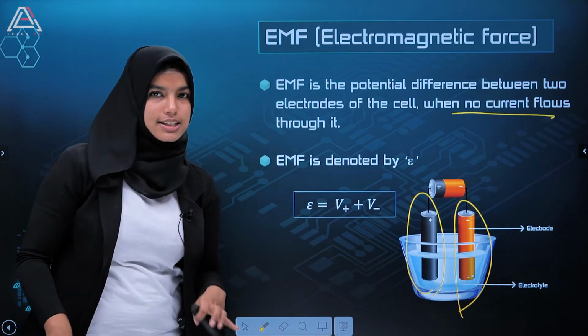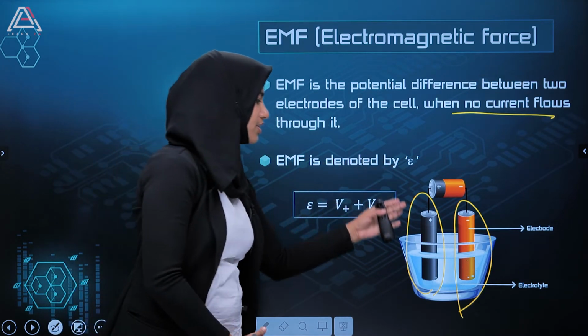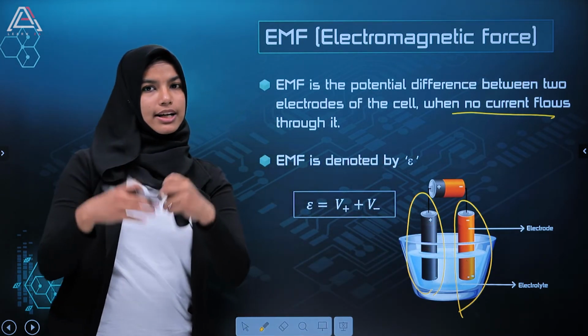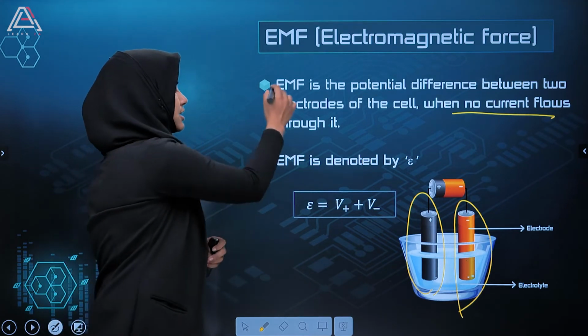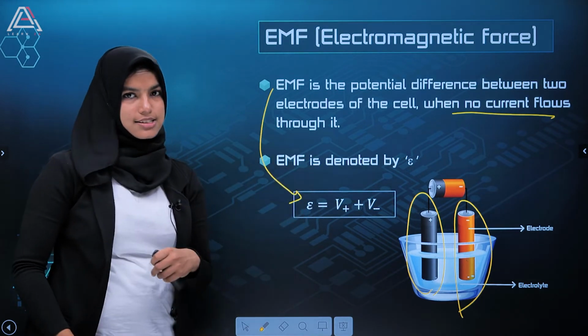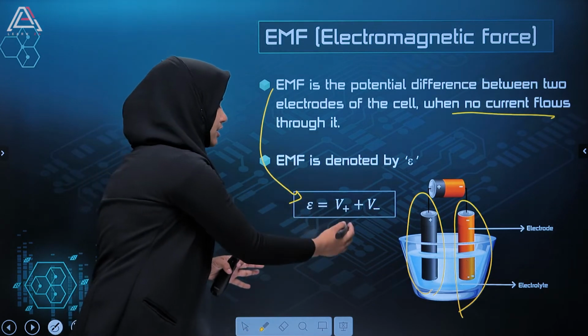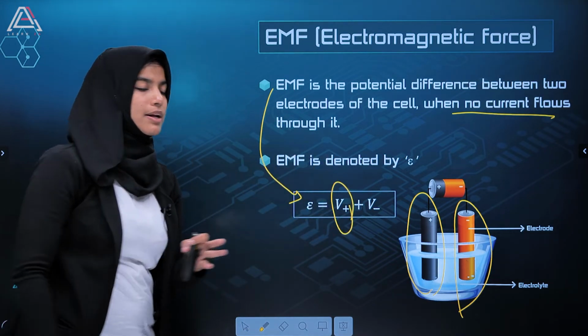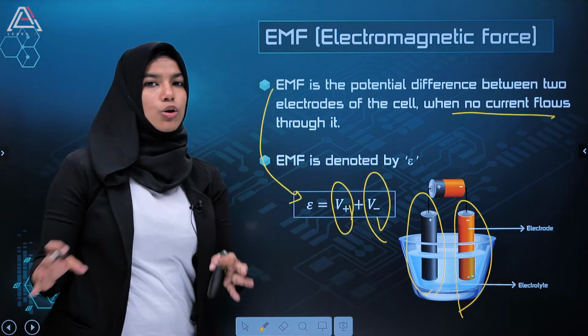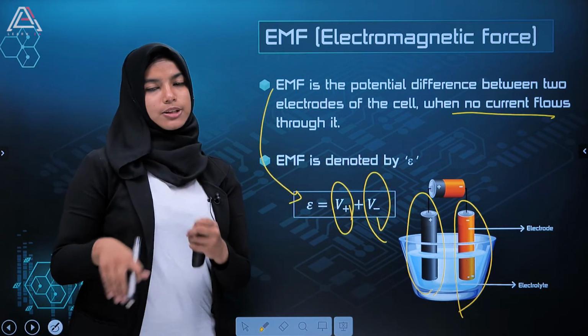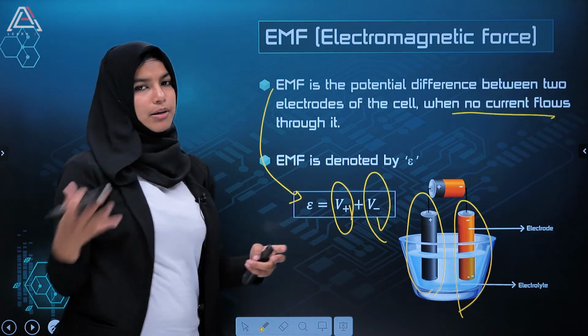So when the current is 0, how much potential difference is the electrode providing? That is the EMF. EMF is represented as epsilon, but we call it E itself. It is the potential difference of the anode plus the potential difference of the cathode with no current flowing across it. So that is the second term, EMF.